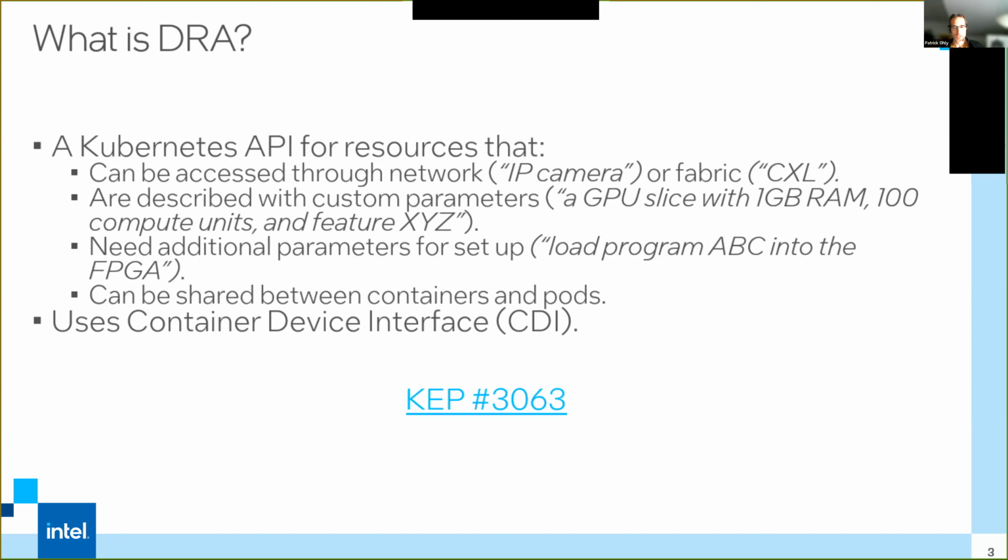A single slice of a GPU has multiple aspects to it, like how much RAM it has, how many compute units, and then there are different types of GPUs with different features. And those aren't even integers. It's a feature flag basically that says, this GPU can do this or that. And these are things that must be considered in combination to select a suitable GPU for a pod.